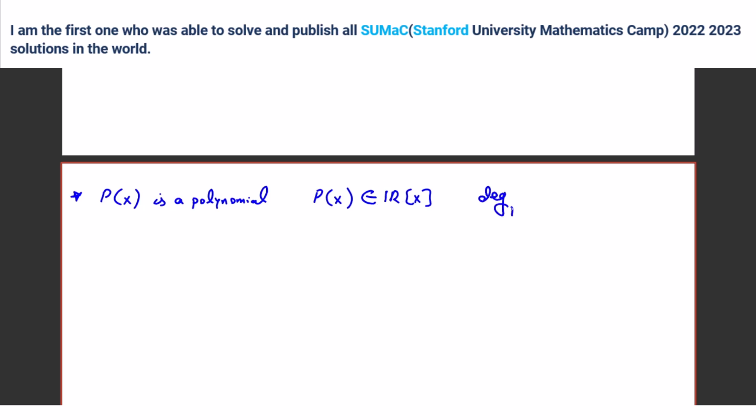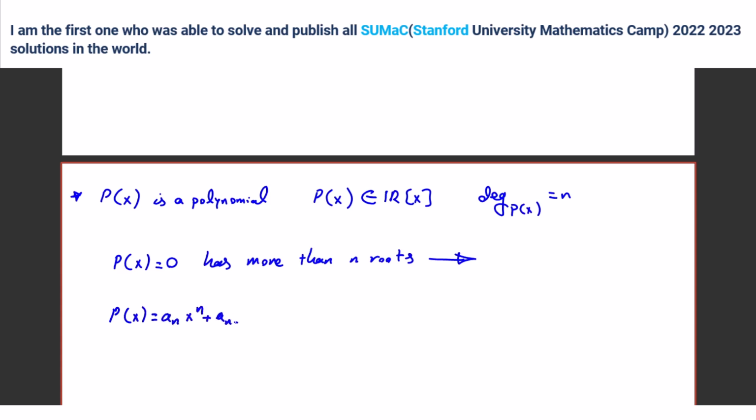Suppose the degree of p of x is n. Suppose that p of x equal to 0 has more than n roots. Then what can we conclude? Say p of x is a n x to the n plus a n minus 1 x to the n minus 1, up to a1 x plus a0.